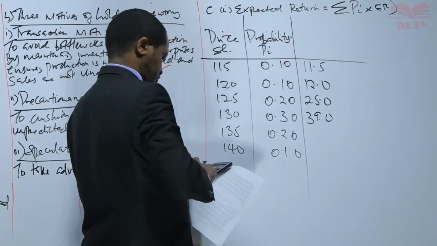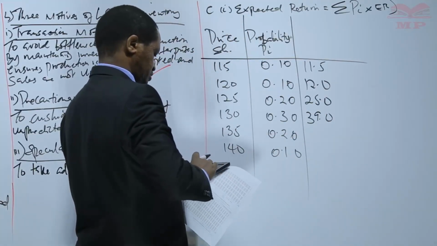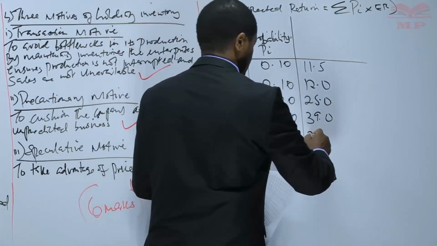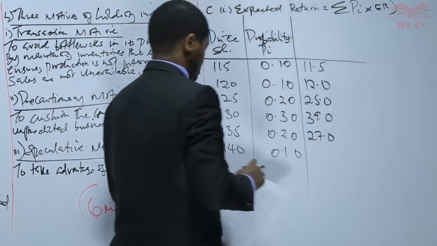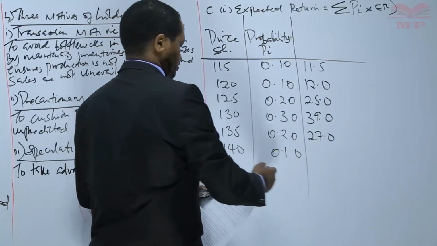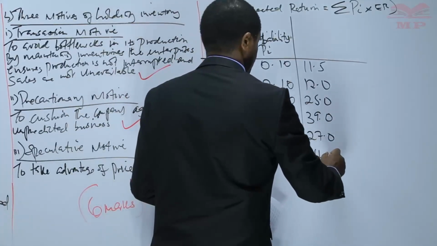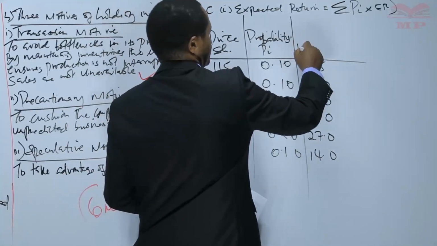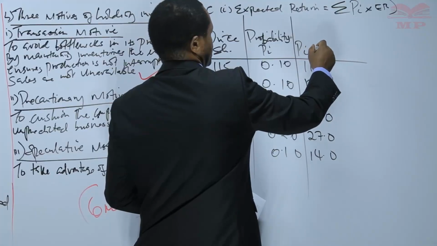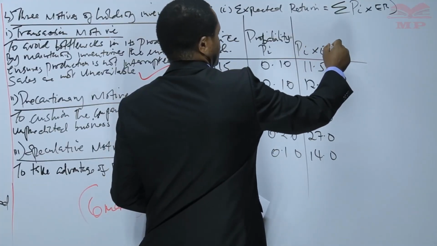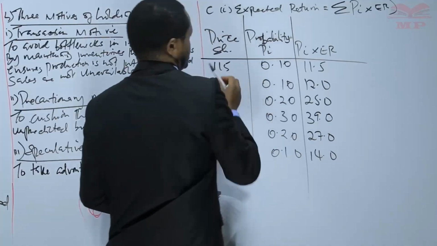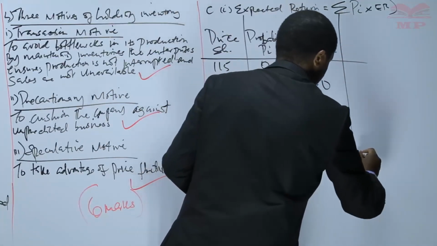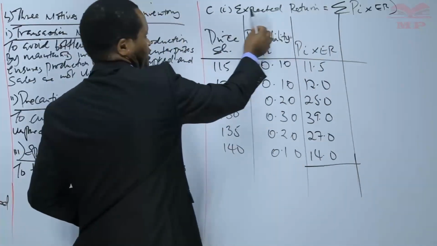I'll have 135 times 0.2, it's 27.0. Then 0.1 times 140, 14.0. This is PI times expected return.